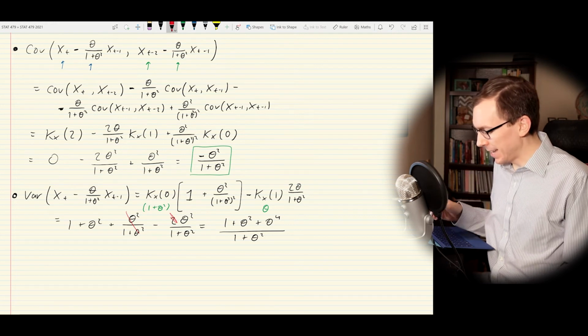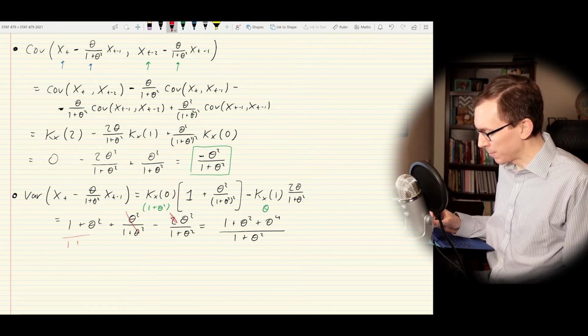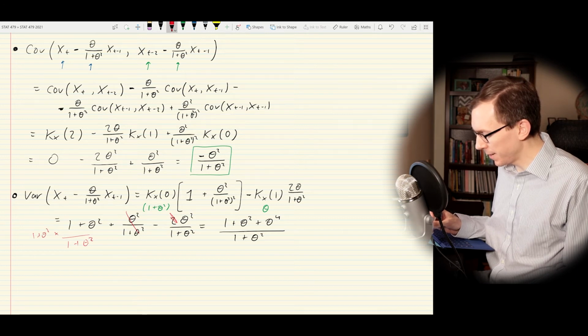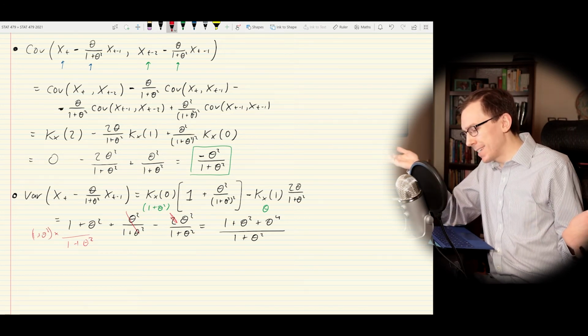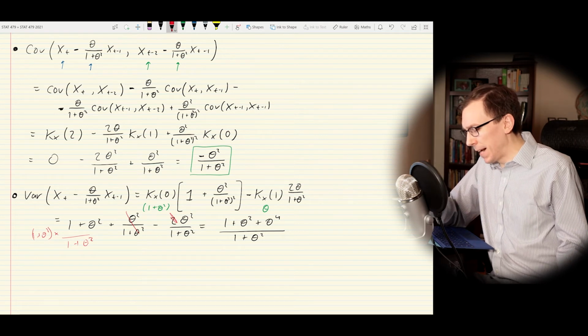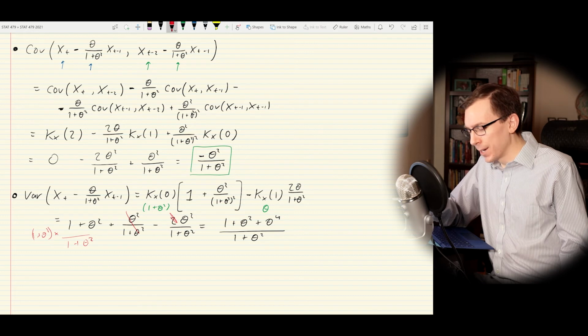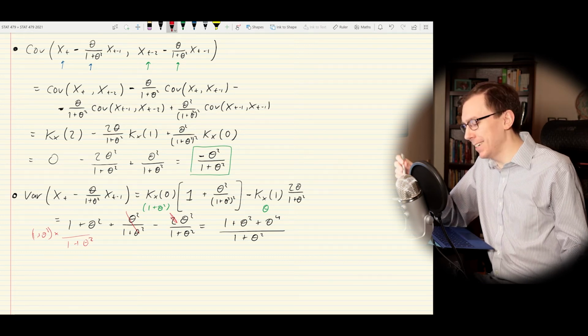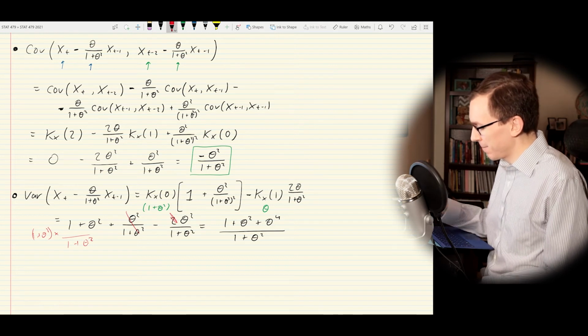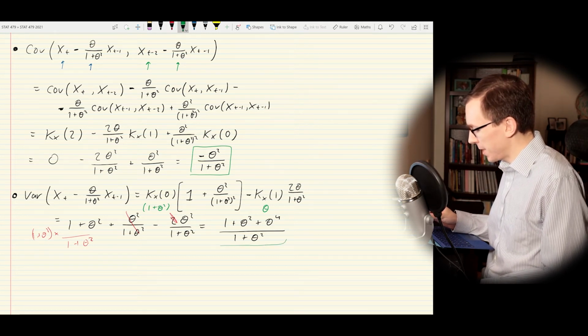And then I can divide this by 1 plus theta squared and multiply it by 1 plus theta squared. And then I just shove all that stuff together. The minus theta squared on the right side cancels out with one of the theta squareds that comes out on the left side here, and we're left with this kind of crazy looking expression.